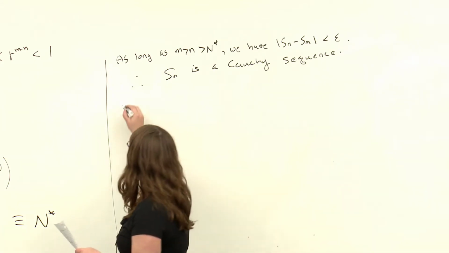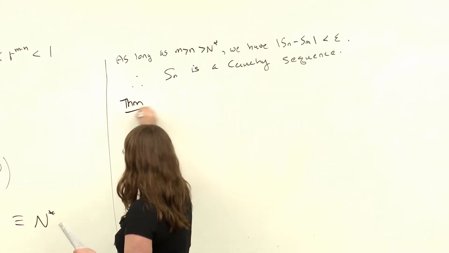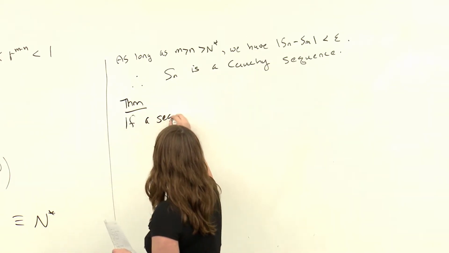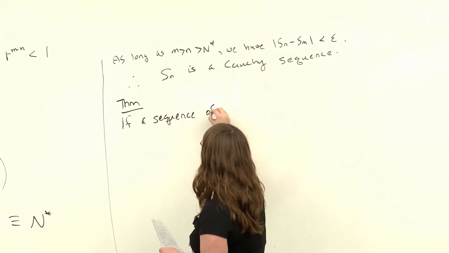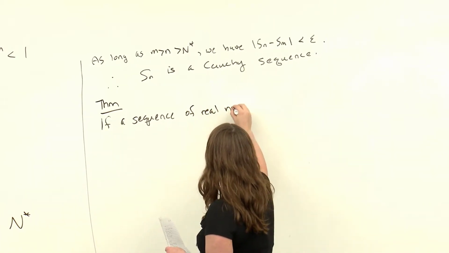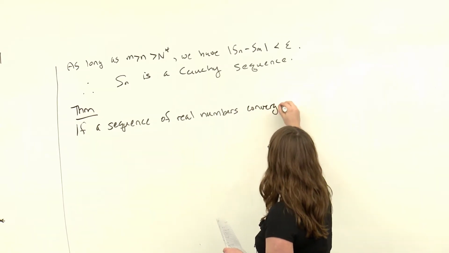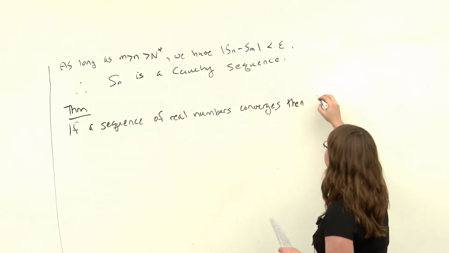So we have a couple results on this. One is that if a sequence of real numbers converges, then it must be a Cauchy sequence.